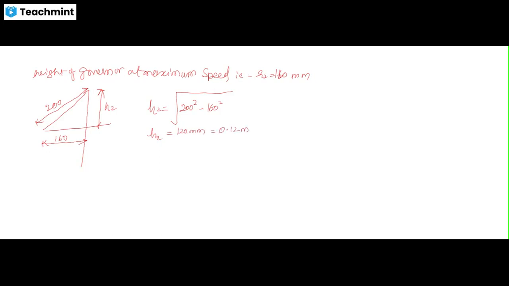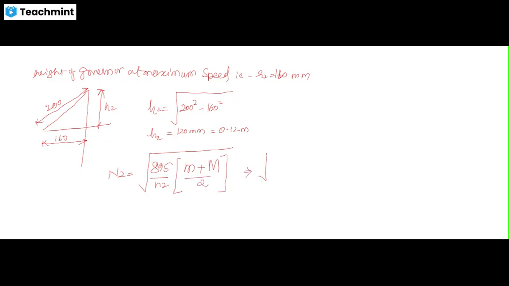0.12 meter. Now speed n2 equal to square root of 895 divided by h2 in bracket small m plus capital M divided by small m.